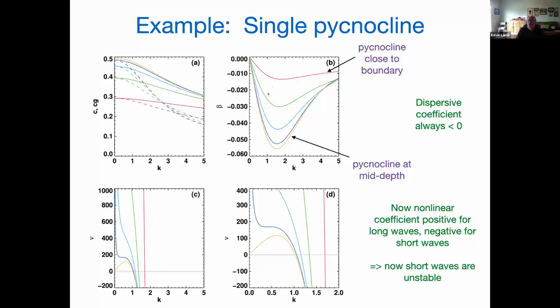Here I'm plotting the dispersive coefficient, which is always less than 0. Here is the nonlinear coefficient, in 2 plots with different ranges of k values: here k between 0 and 5, here between 0 and 2. Now the nonlinear coefficient is positive for long waves and negative for short waves, the opposite of what it was for constant N. So now it's short waves that are unstable.